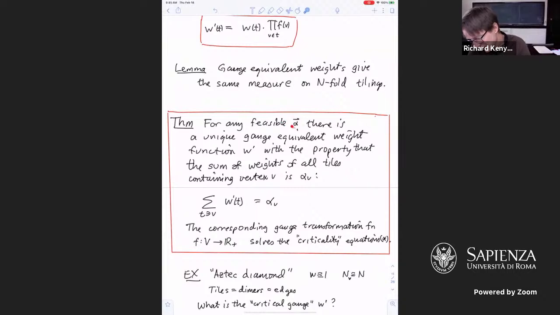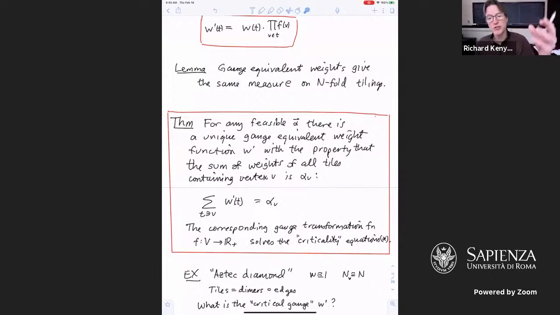For any feasible set of multiplicities, remember the alphas are the densities of tiles covering each vertex, for any feasible alpha, and feasible means it can be realized by some limit of multiplicities of tileable regions, there is a unique gauge equivalent weight function.